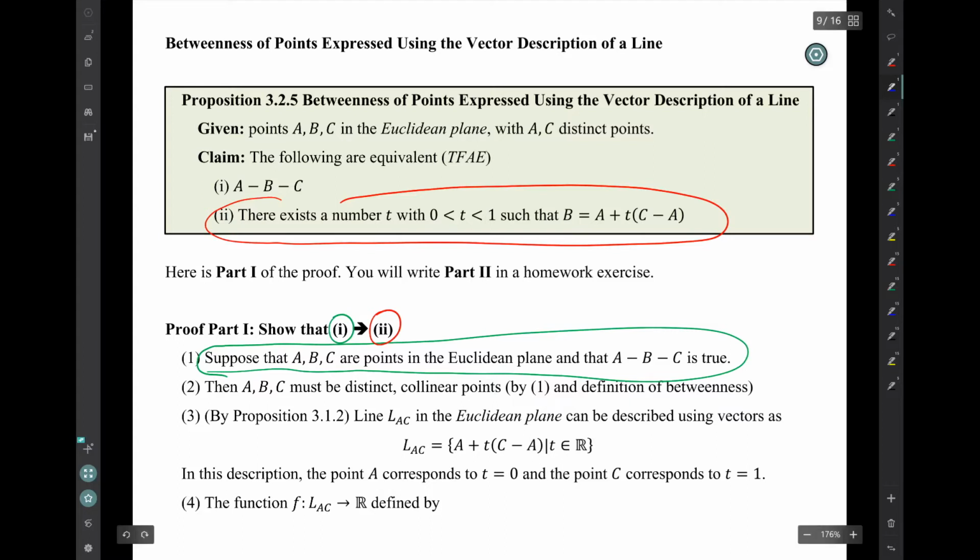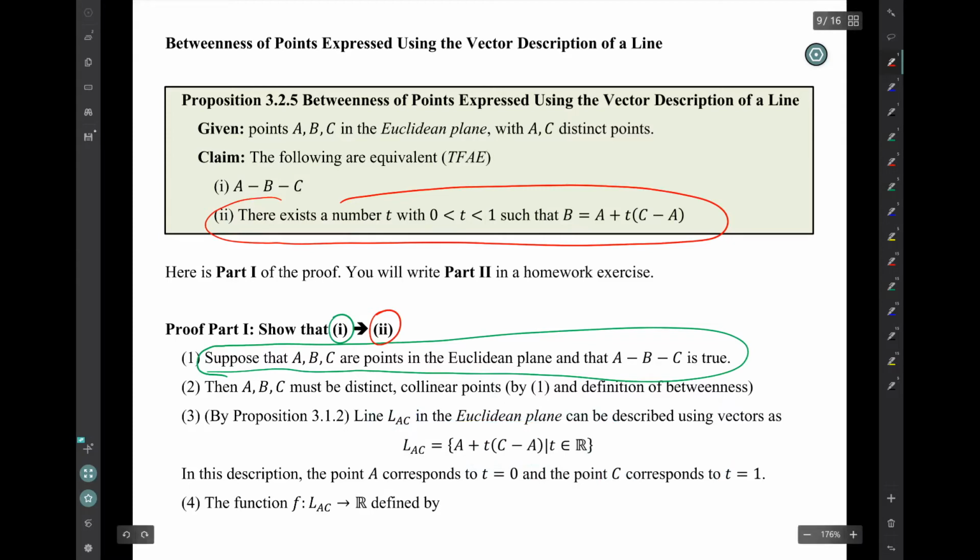And we know that in the Euclidean plane, that line can be described using vectors this way. And in that vector description, point A corresponds to this expression when t is equal to 0. And point C corresponds to this expression when that parameter t is equal to the number 1.